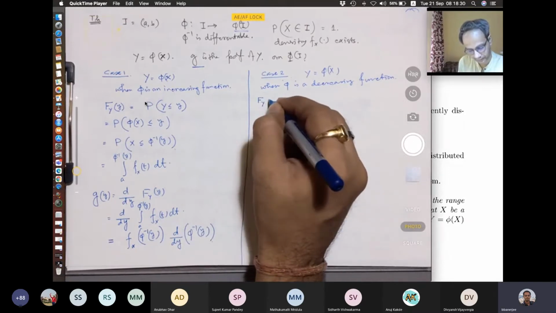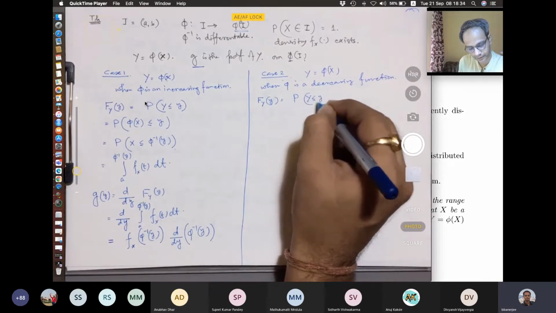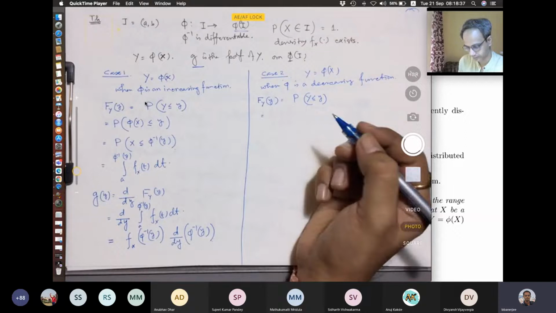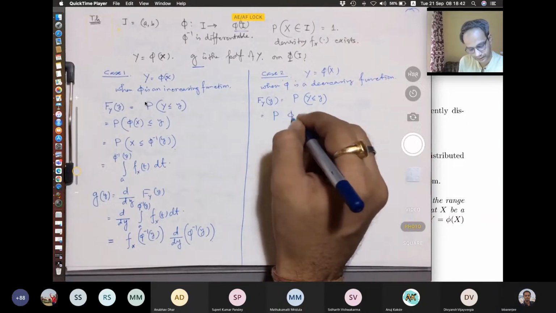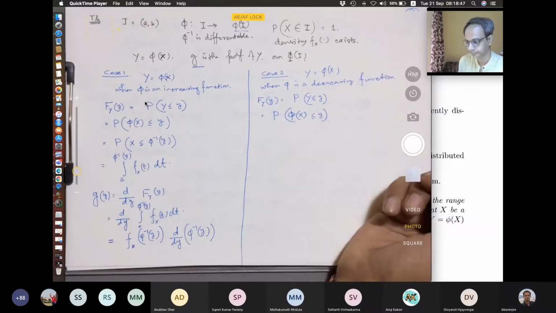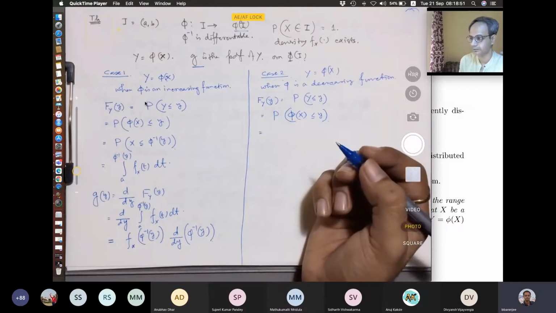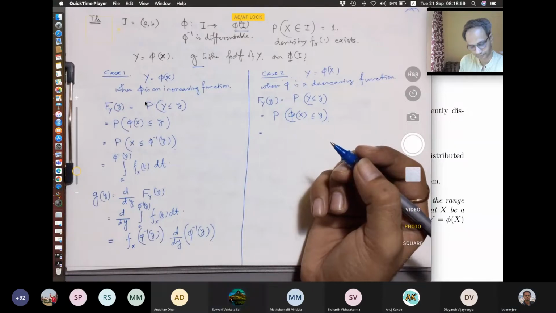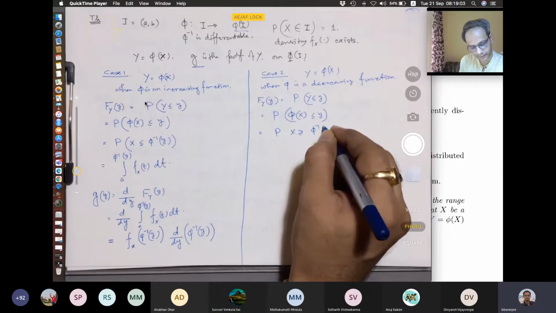If Y is the random variable, the probability Y less than or equal to small y is the probability that phi of X is less than or equal to small y. Next step, please tell me what I should write. Probability X greater than or equal to phi inverse y.